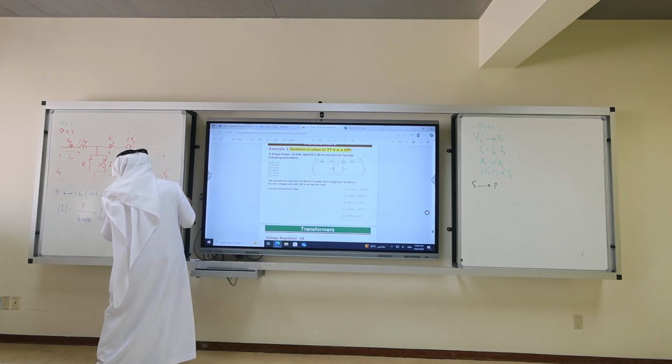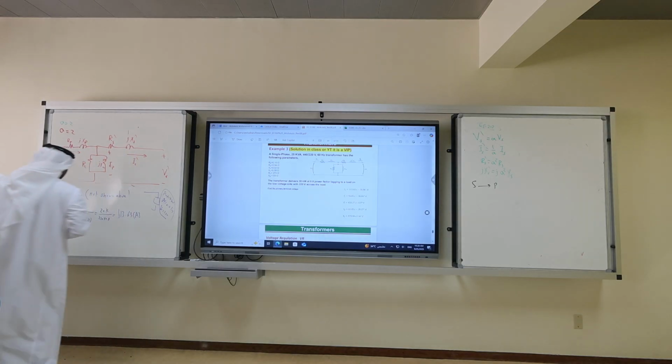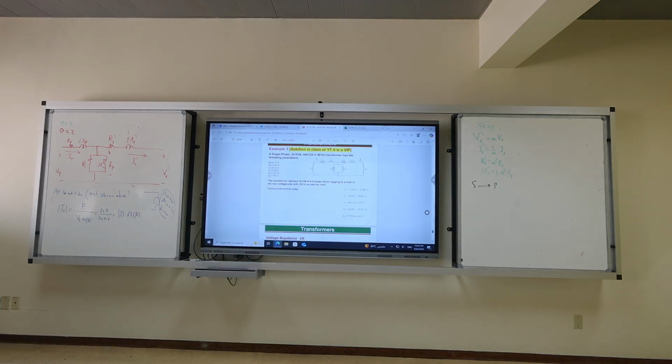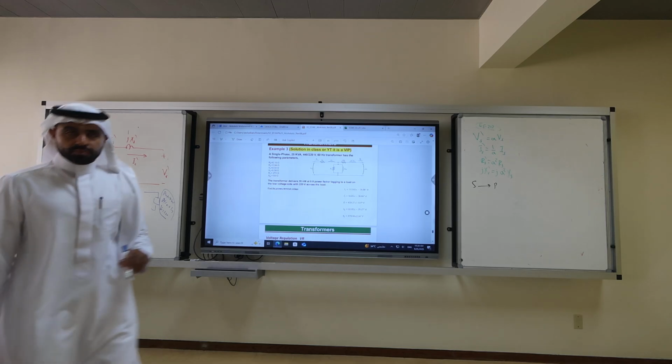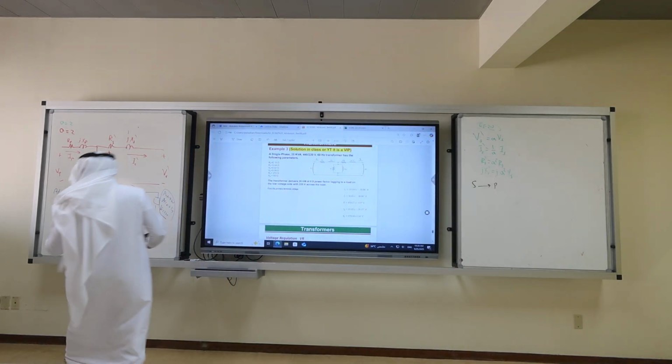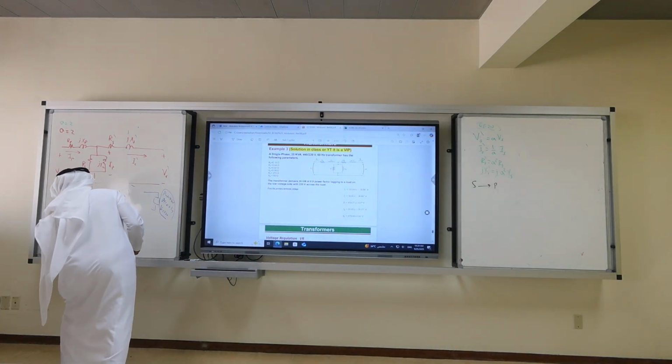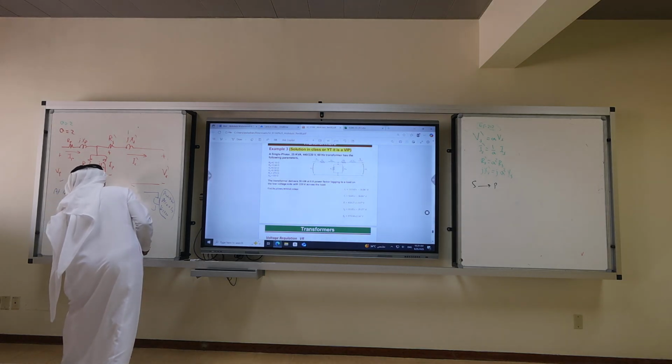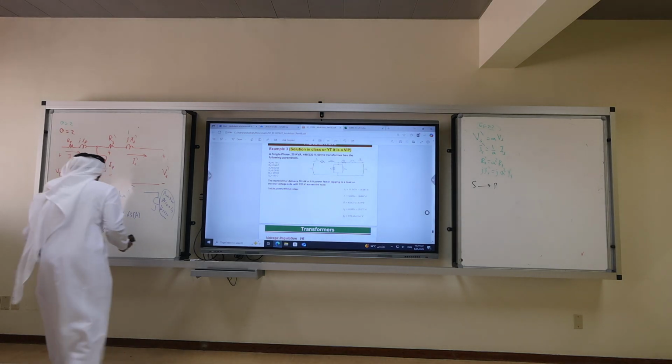Now, this is the magnitude. We need to find an angle. What is theta? Is it leading or lagging? Plus, lagging. Cosine inverse of 0.8, which is plus 36.86 degrees.